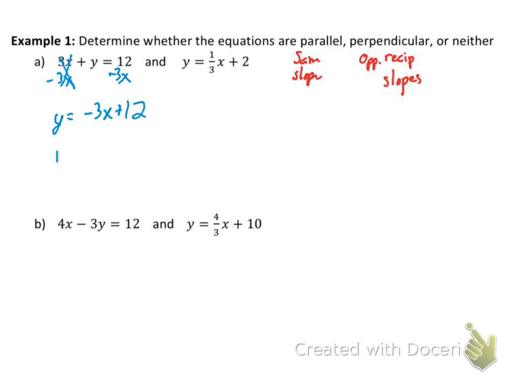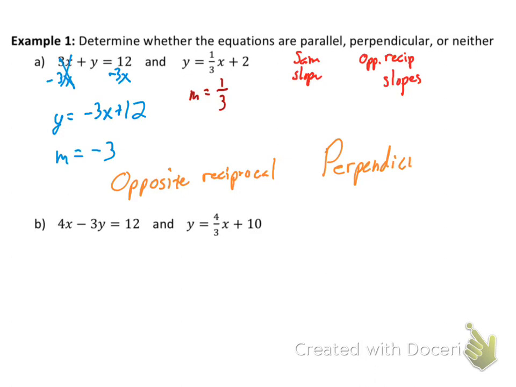All right, so the slope here is negative 3. And the slope in my second line is 1/3. So you'll notice these are opposite reciprocal slopes. And so since they are opposite reciprocal, since you got to have both opposite and reciprocal, these lines are perpendicular.